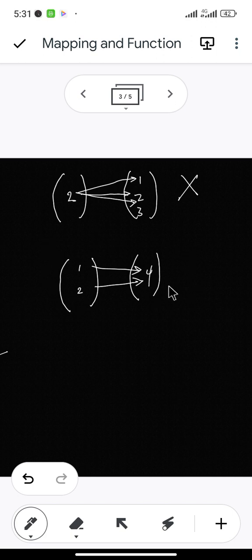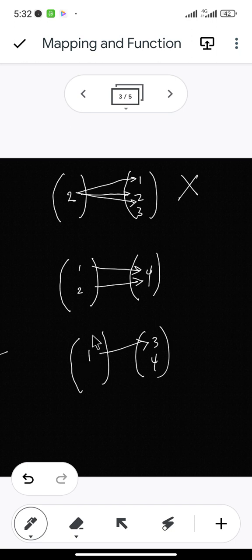But the elements in the codomain can have more than one element attached to them. Understand? Another example is something like this. You can have 1 and have 3 and 4. This is true mapping because the element in the domain has just one image.